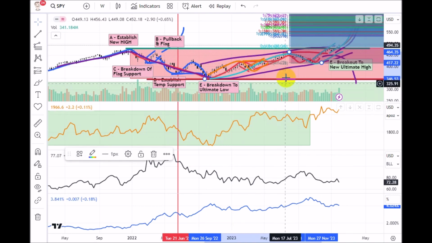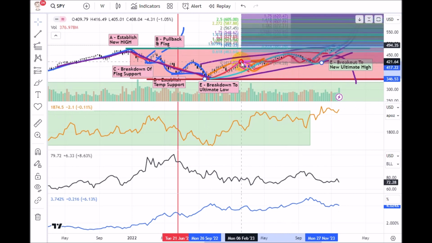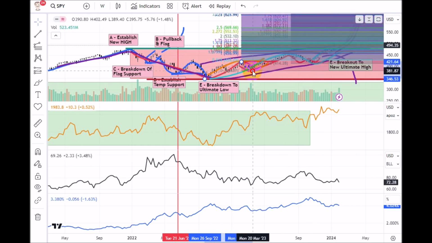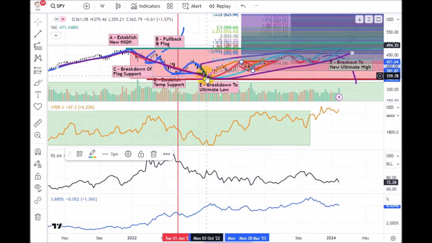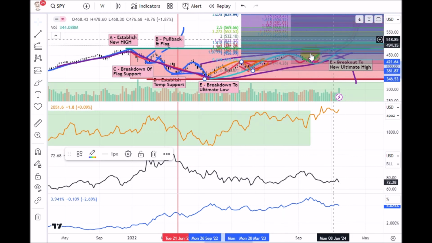And I'm going to explain that if this is, so here we have two modes of expansion. We have either A, B, C generating wave 1, B correction, or 2, C up to the upside, which could either be a 1, 2, 3, 4, 5 move up, or it could be an A, B, C, 1, 2, 3 move higher.